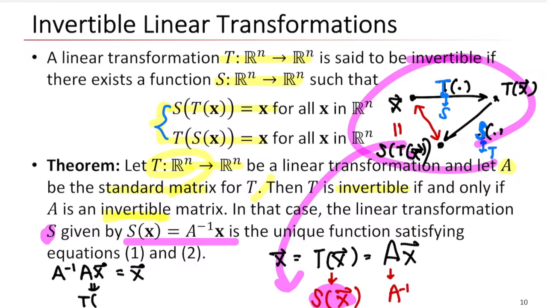Then we already know that this is the transformation T of X, right? And then from this statement, we can represent it like that.